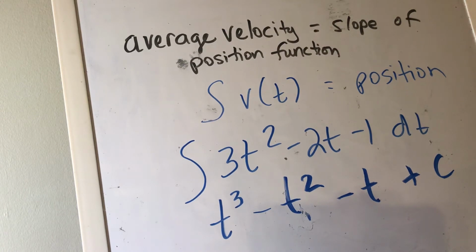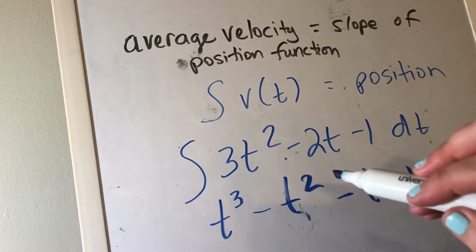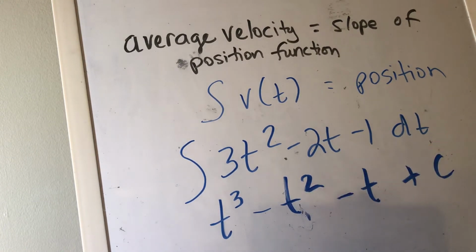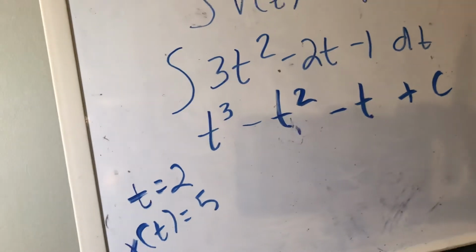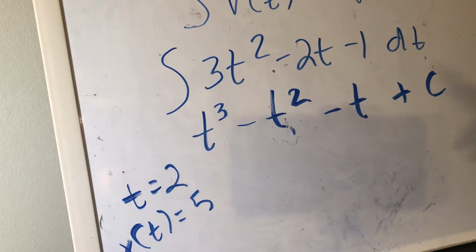You are given a point that is on the position function. You were told that when time is 2, the position is 5. Knowing that, I can plug that in and figure out what c is.